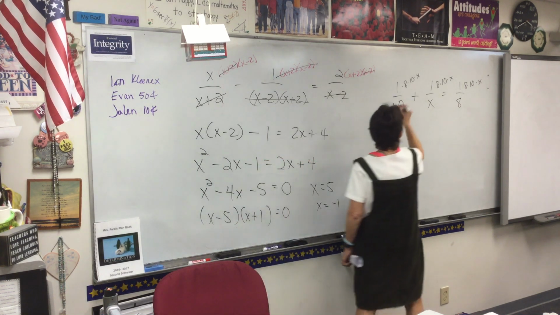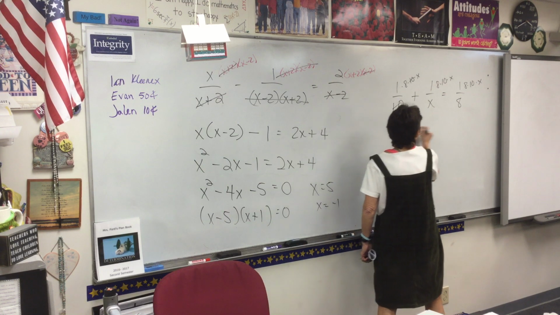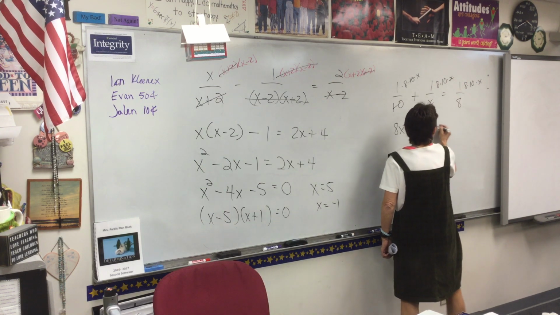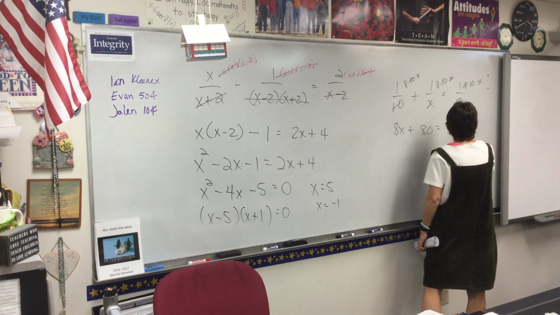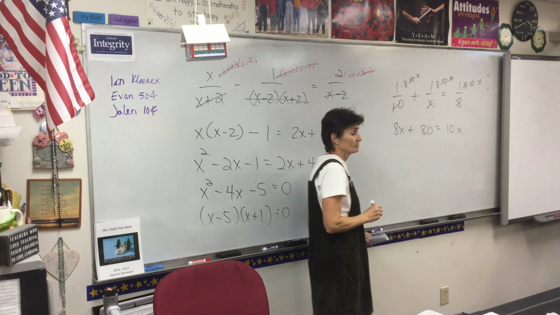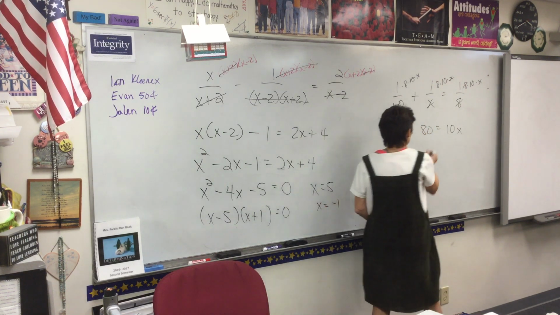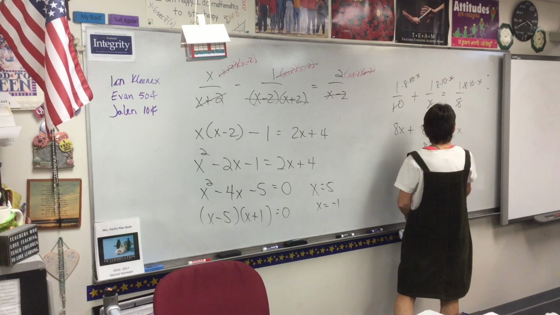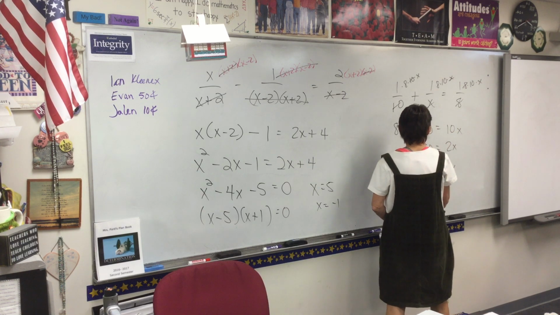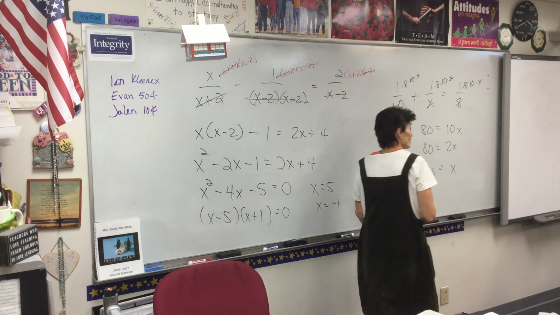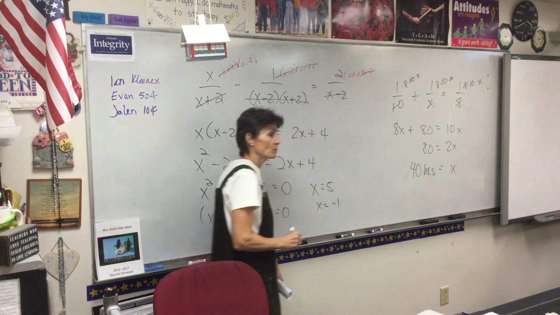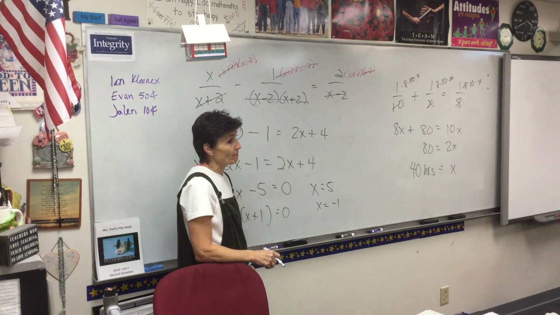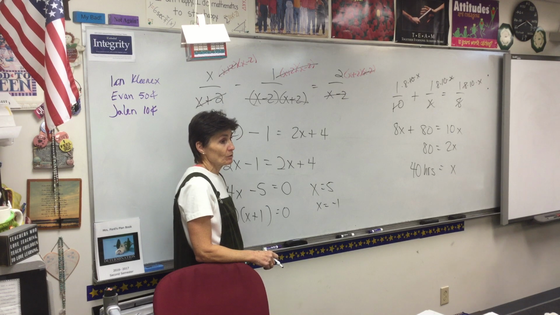So we end up with 8x plus 80 equals 10x. Minus the 8x. So 80 equals 2x. 2x equals 40. 40 equals x. 40 hours. And of course, you know some of you from your quizzes that if you don't put hours, I'm marking points off. Label your answers on these word problems.